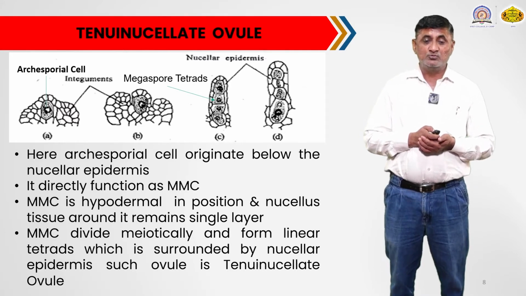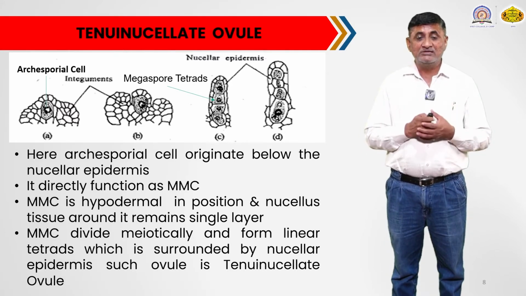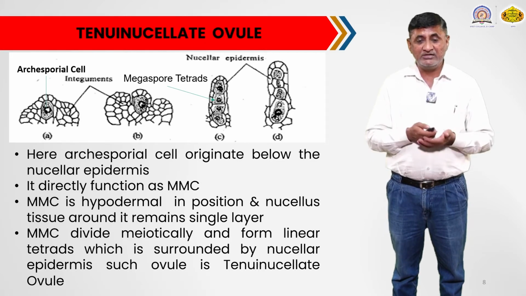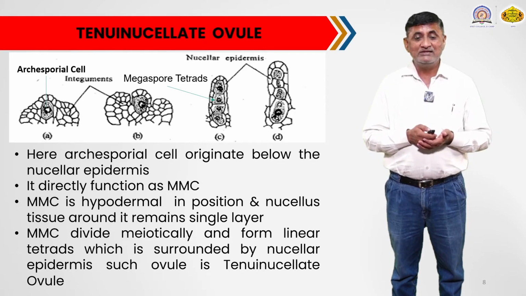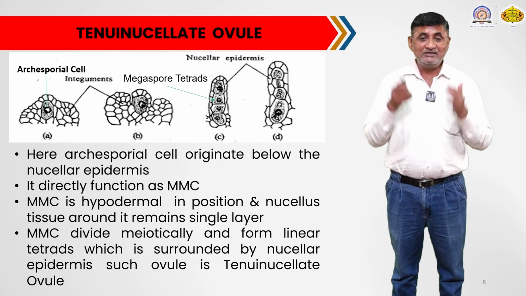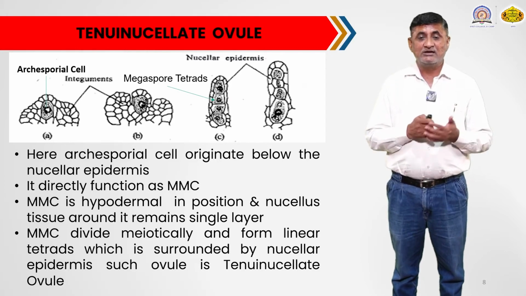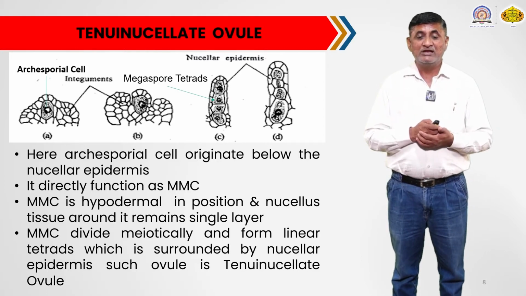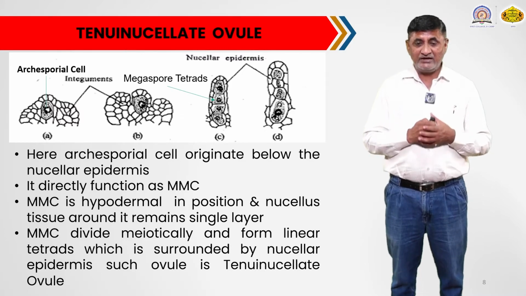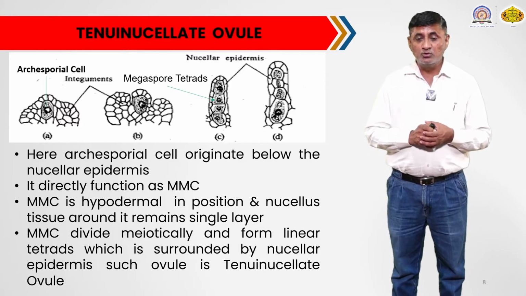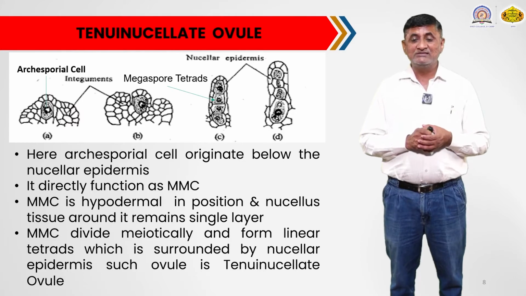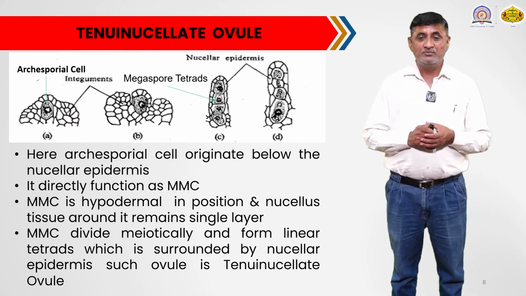The megaspore mother cell divides meiotically and forms a linear tetrad, and that linear tetrad is seen surrounded by the nucellar epidermis. Such a kind of ovule is termed a TENUINUCELLATE ovule.